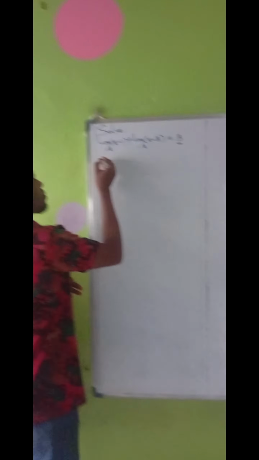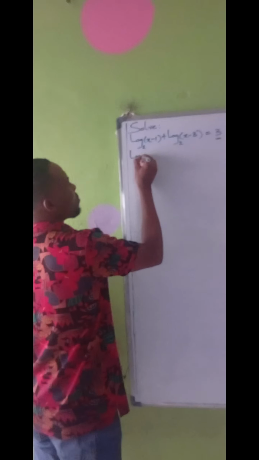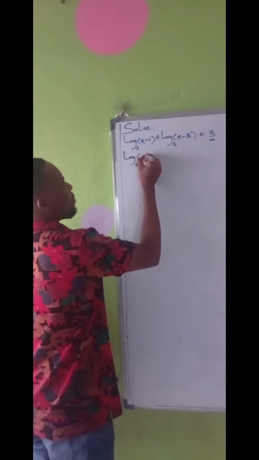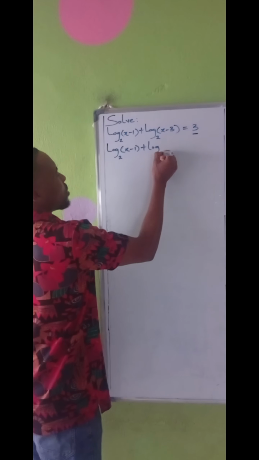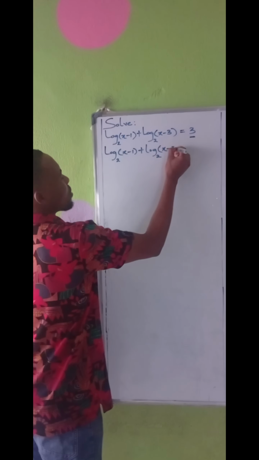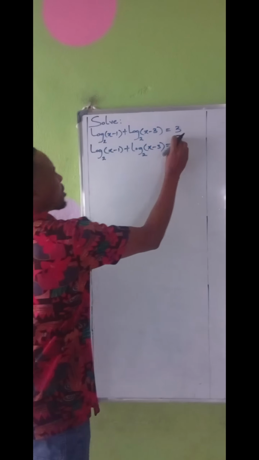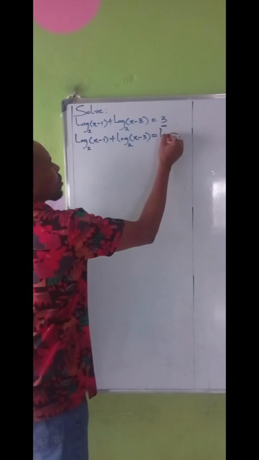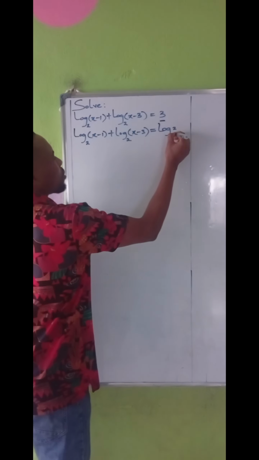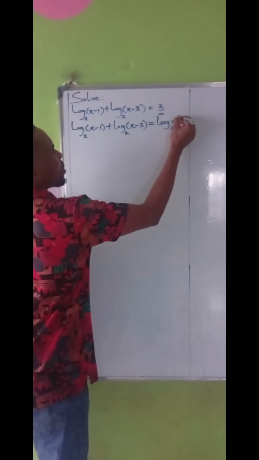So I'm going to repeat this equation. We have log to base 2 of x minus 1 plus log to base 2 of x minus 3. Changing this 3 to the same base as these logs, I'm going to say log to base 2 of 2 cubed.